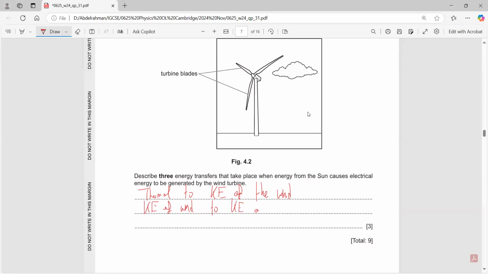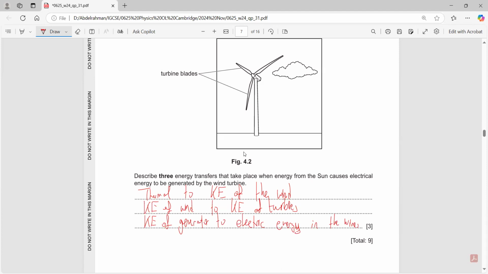And then can I say the kinetic energy of the generator to electrical energy produced? Yes. So you can say the kinetic energy of the generator to electrical energy in the wires, for example.